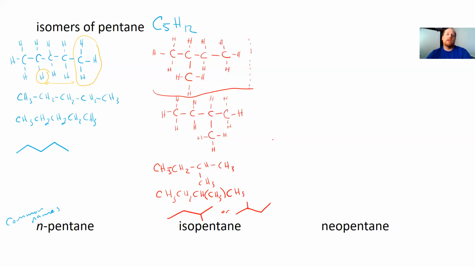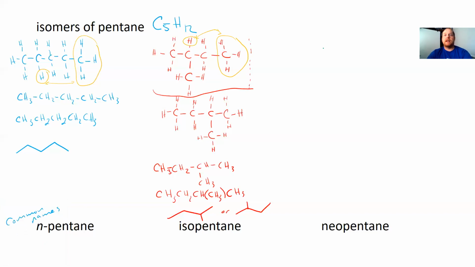Now, the way that we make the next version of this, which is neopentane. So I'm going to go change my colors here again. And what you can do now is go back, if we go to isopentane, we can now take this CH3 on the end of the chain and swap it with this hydrogen there. So we'll swap those two out to make neopentane.